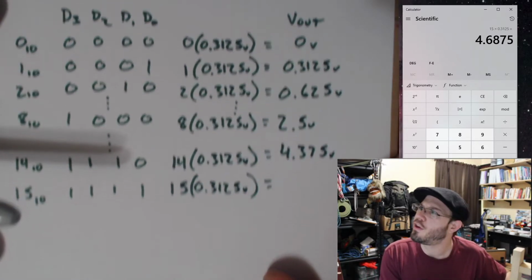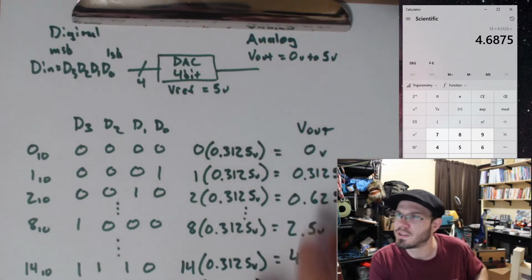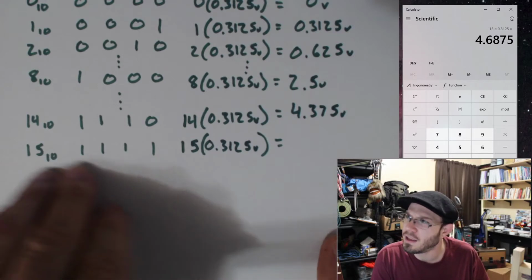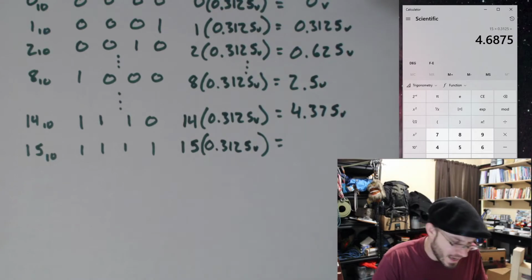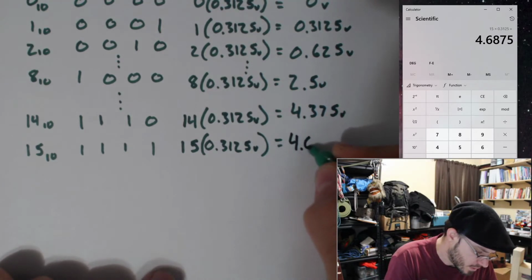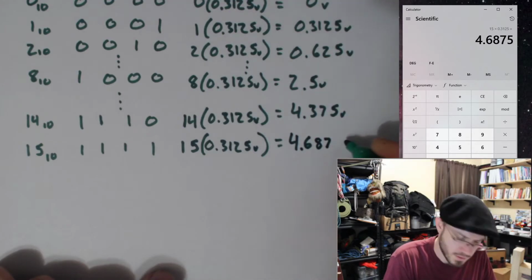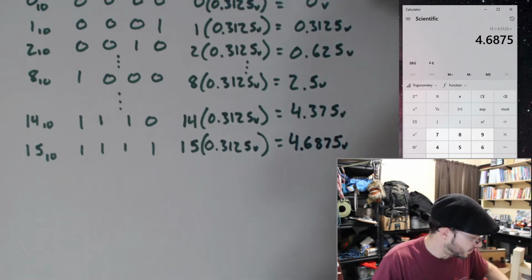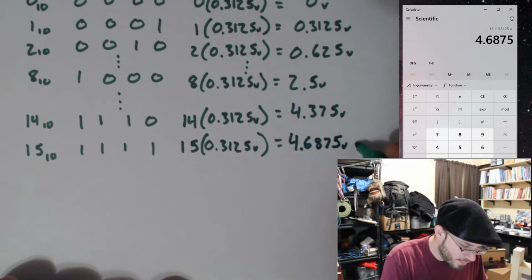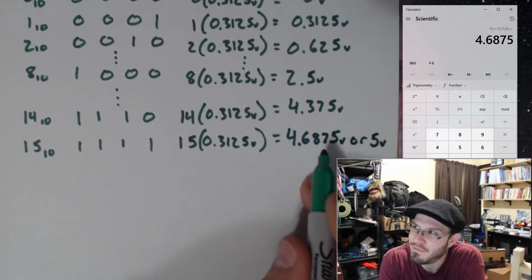Okay, so even though for the max of our voltage range we went with 5 volts, you can see that the largest value that we feed into it would actually be 4.6875. Or it could be 5 volts. And granted, that's a pretty large difference.